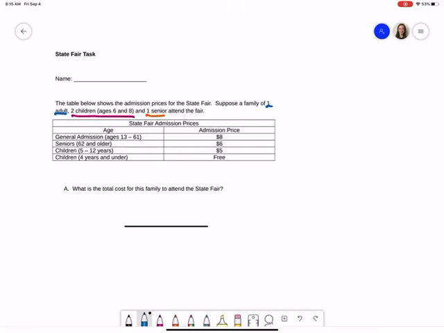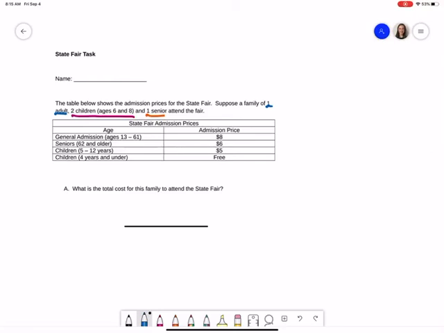So it tells us in this graph that general admission is ages 13 through 61. That's $8. Seniors 62 and older, they have to pay $6. Children 5 through 12 years old have to pay $5, and children 4 and under are free.